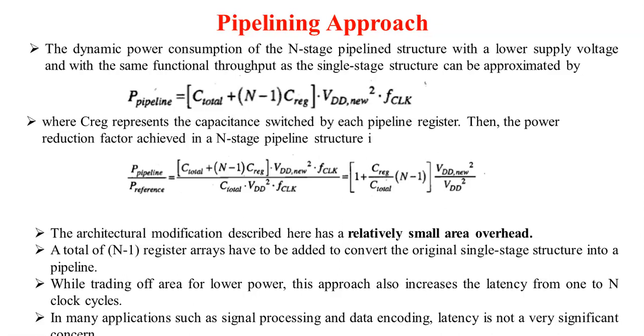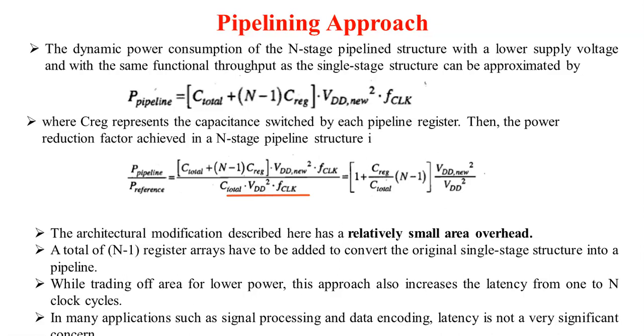So the power reduction factor achieved by the n-stage pipeline structure is the ratio P pipeline divided by P reference. We already know that P reference is C total into VDD squared into F clock. P pipeline is C total plus n-1 C register, into VDD new squared into F clock.